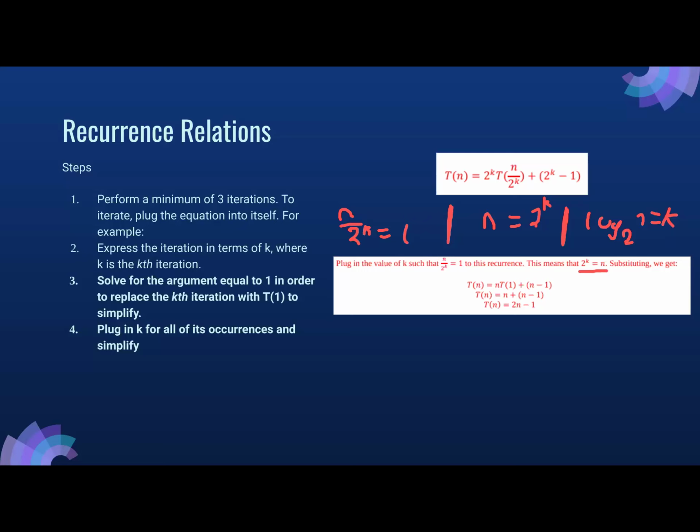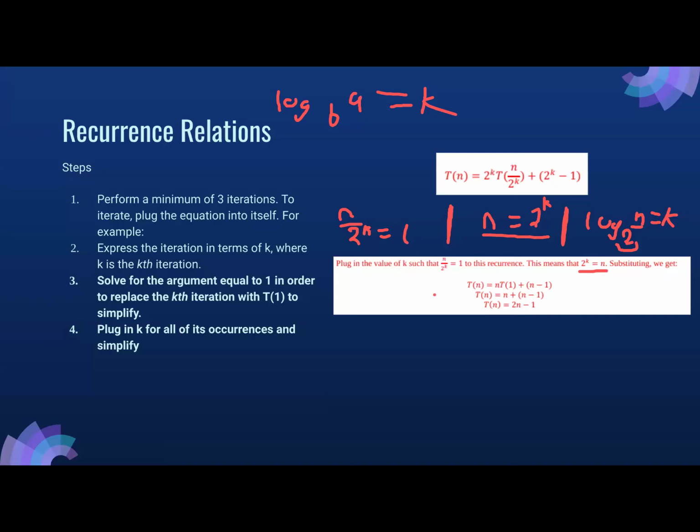Why is that? The best way that I would describe logarithms through words is: what exponent of 2 gives us n? And we know from here, it's k. That's the best way I like to explain logarithms. What exponent of the base gives us a? That is what a log is. And so the answer is k in this case, right? So now we can go ahead and plug that in as well.